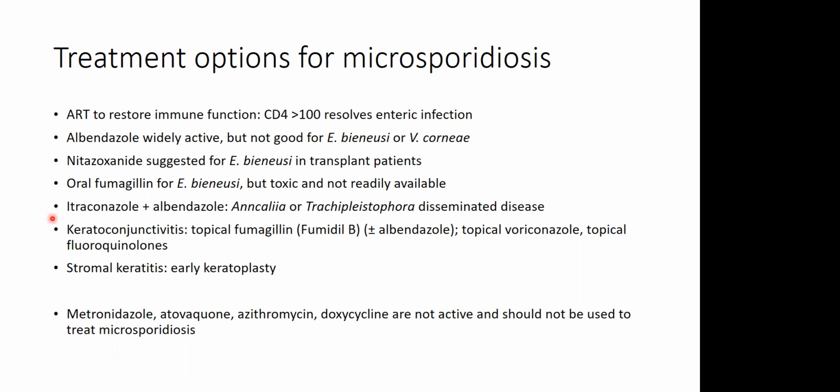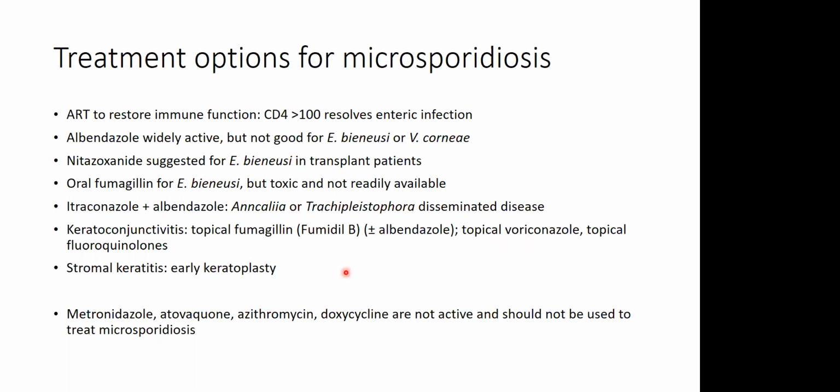For disseminated disease, itraconazole can be added to albendazole for Anncaliia and Trachipleistophora. Topical fumagillin for keratoconjunctivitis. Probably wise to add albendazole as well, but other topical antifungals and antibiotics have been suggested.